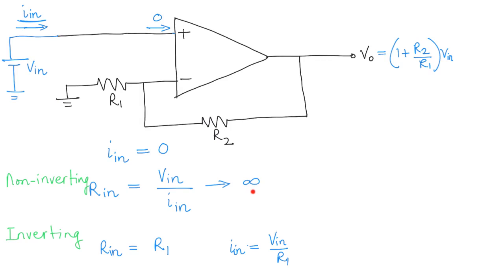However, in the non-inverting case, the power that is drawn is almost equal to zero. Now, whatever source that we put here should have the capacity to give the power that is being required by the amplifier. If it is not, then it will be loaded.